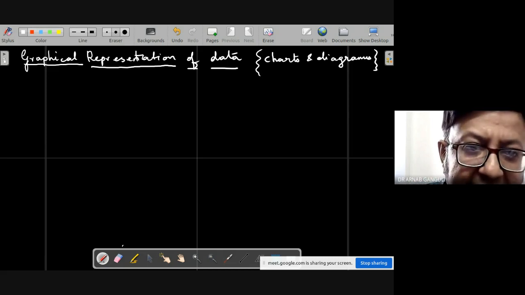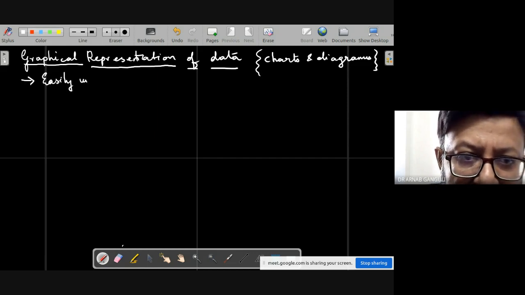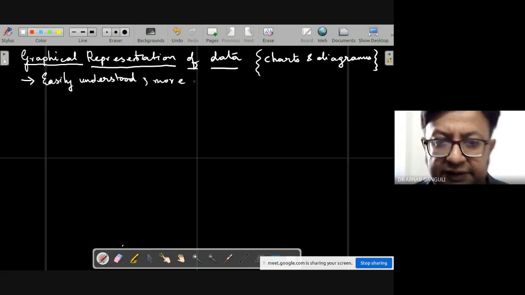So what is the basic advantage of using them? Easily understood. More attractive. You see it better, it is clearer, and it looks better.